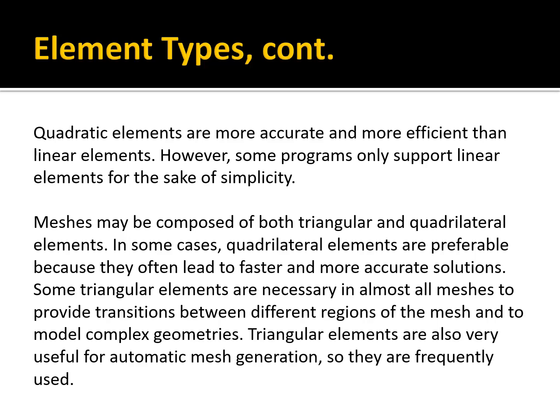So the quadratic elements are more accurate and more efficient, and when we say more efficient, we mean the degree of accuracy you get for a given number of elements. To get a certain level of accuracy with linear elements, you have to use more elements. However, some programs only support linear elements for the sake of simplicity.